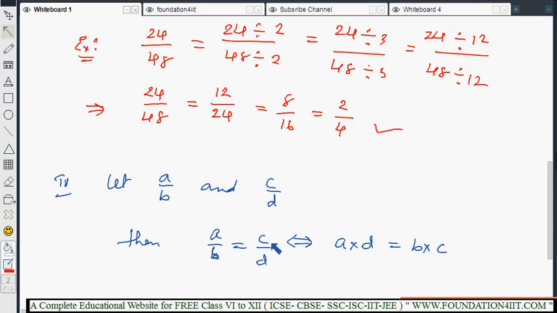If a by b is equal to c by d, that is, if two rational numbers are equal, then a into d is equal to b into c. This is nothing but cross multiplication. So this is also another property of rational numbers.